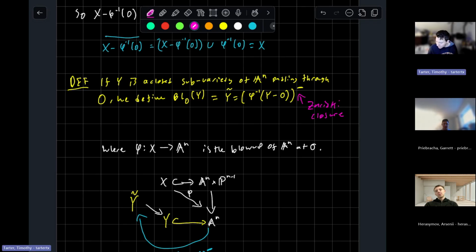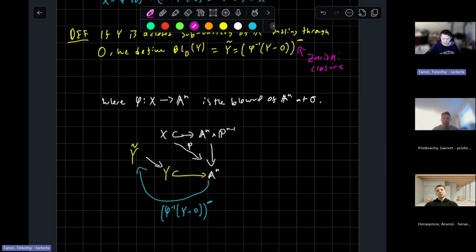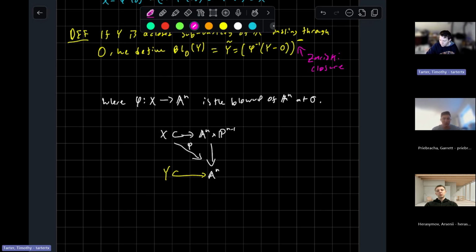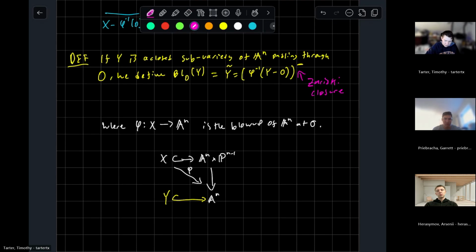So take the inverse image of Y set minus 0 and then take its closure inside the blowup space. There we go. And really, I'll just start with Y minus 0.